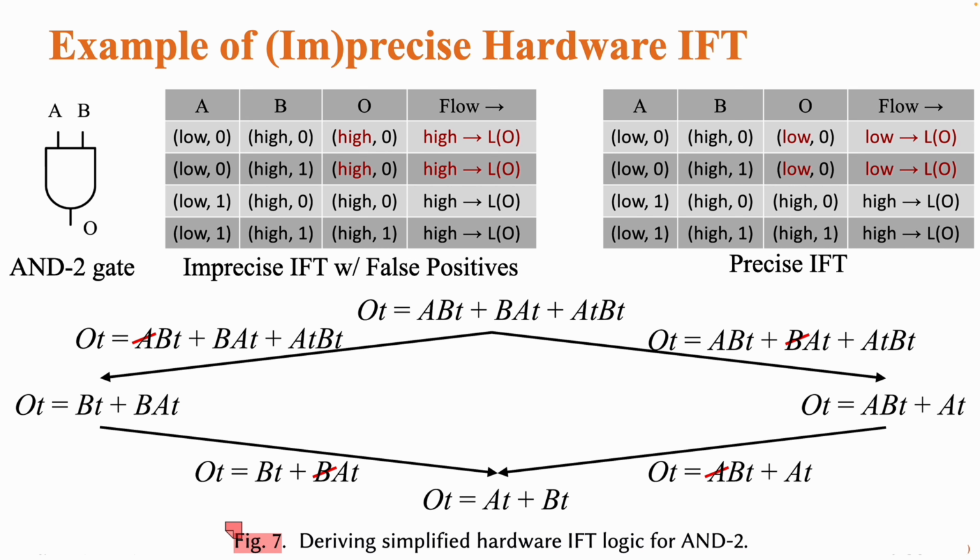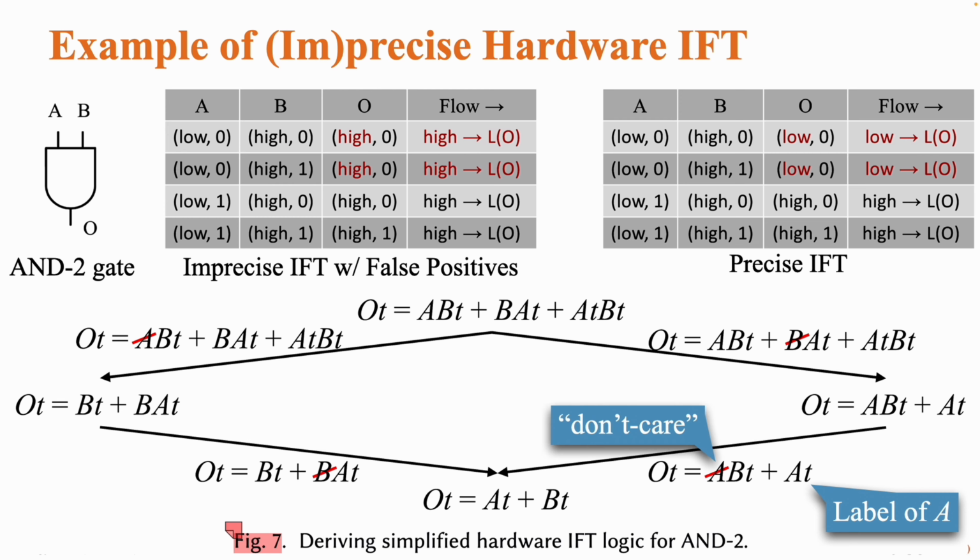What I found still confusing was this example, the lattice they give here. So the AT, a small case t, this means the label of an input, right? AT, BT, and the cancel out means the don't care value of that.